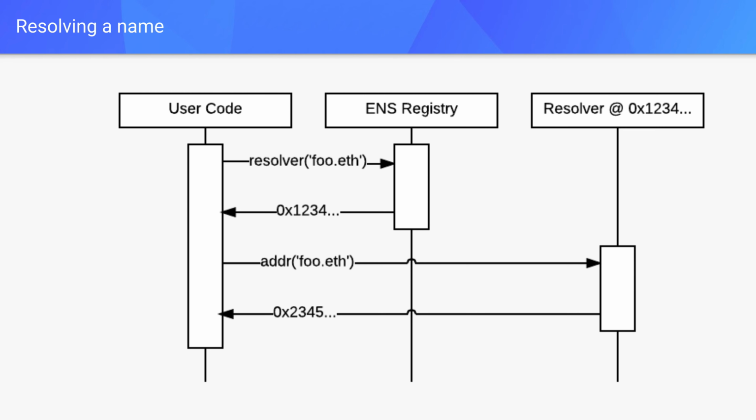And why we do that is because it makes the resolver logic extensible and upgradable. We have a default one called the public resolver, which everybody mostly uses, and we set it when you register. But you can actually set your own resolver and extend more features.